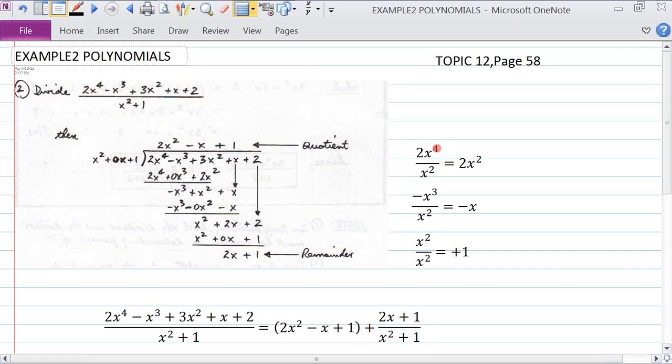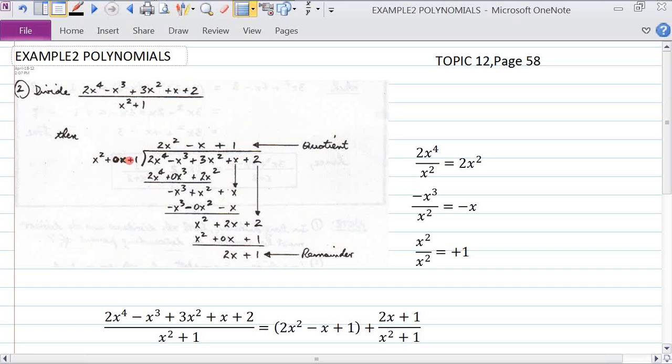So 2x to the fourth divided by x squared gives us 2x squared, and that will go right here. We put that right here. Now I'm going to multiply 2x squared times x squared, which gives me 2x to the fourth. Remember, it has to be descending powers of x, so I put a 0 here.